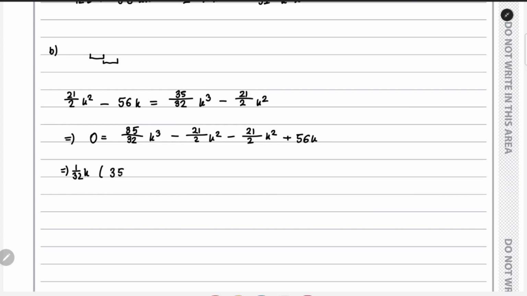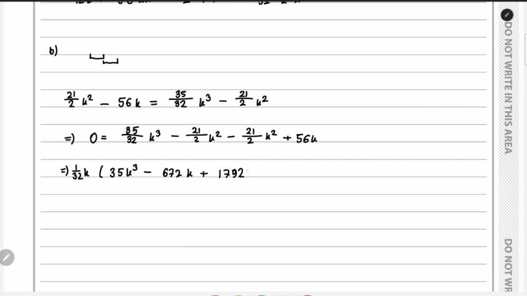So we have 35k cube minus 336k, sorry, it would be minus 672k plus square plus 52 plus 1792.